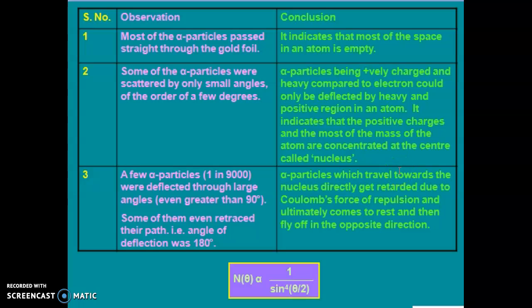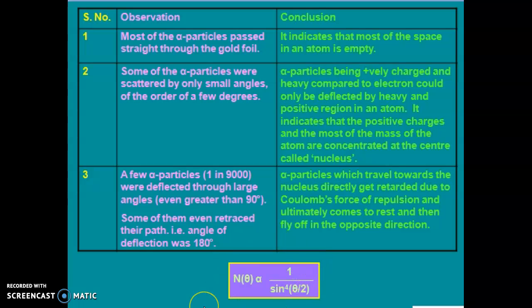As we know, positive charge repels positive charge, so there is a huge deflection, retarded due to Coulomb's force of repulsion, and ultimately the particle comes to rest and then flies off in the opposite direction. So this was found there. N, the number of alpha particles scattered, is directly proportional to 1 over sin raised to the power 4 of theta by 2, where theta is the angle of scattering.